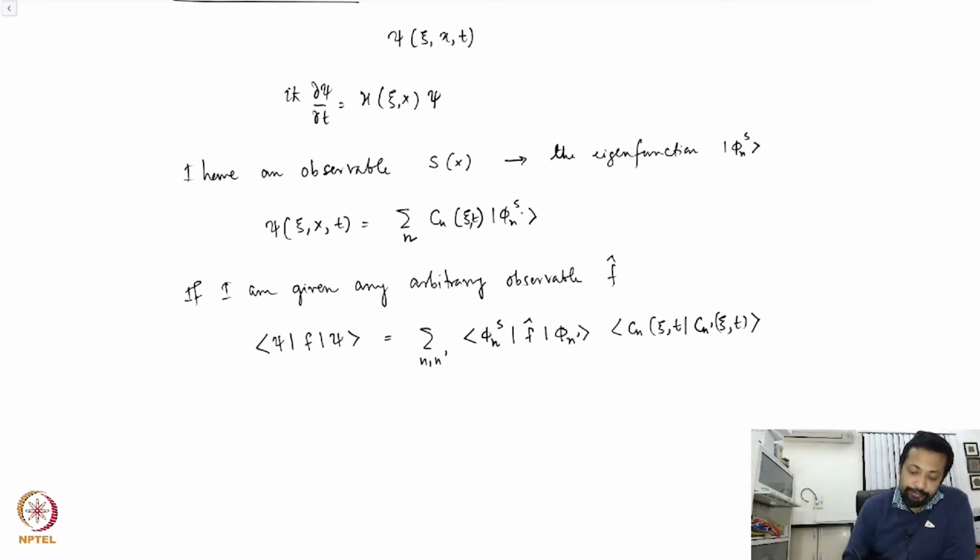So this φ_n(s) depends only on the coordinate x. That is something which you must remember, right?